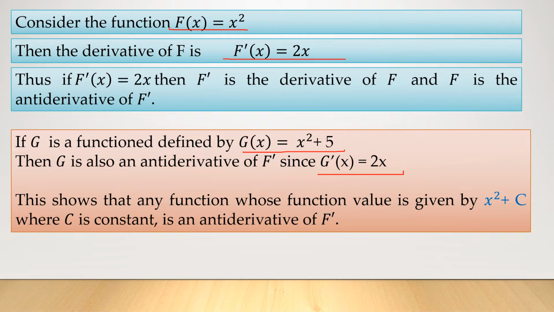It shows na any function kung saan ganito ang kanyang given, x squared plus a constant, lahat ng mga function na ganyan ang given, ang kanilang derivative ay 2x. So, for example, we have x squared minus 4. Still, ang kanyang derivative ay 2x din.